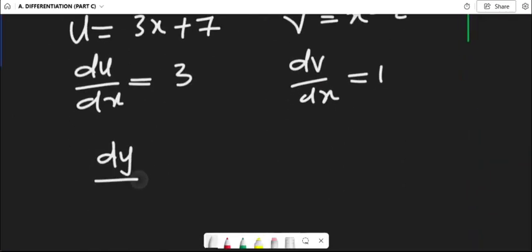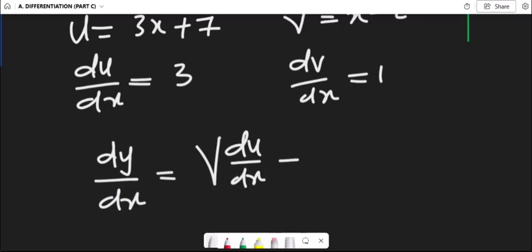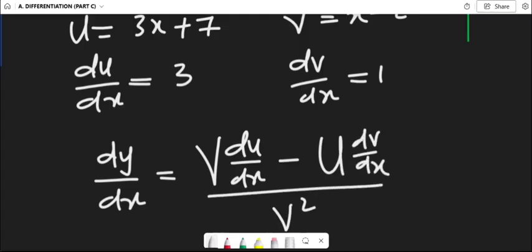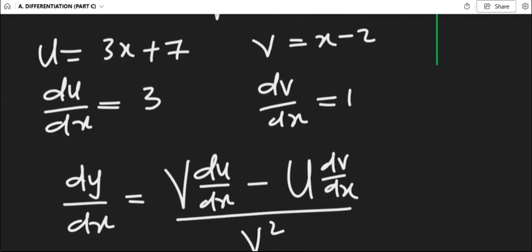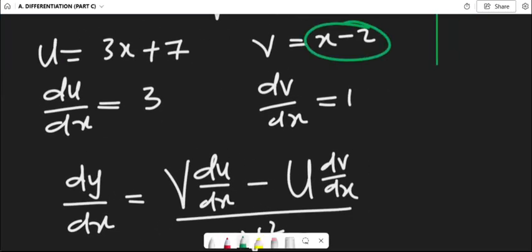So dy dx is equal to v du over dx minus u dv over dx all over v squared. So in doing that, what's the value of our v? The value of v is known to be x minus 2.